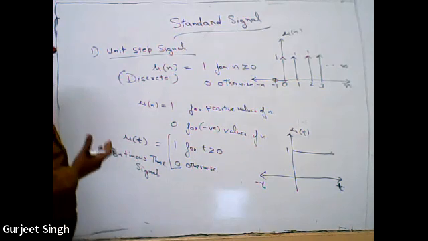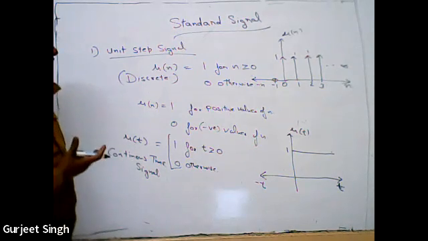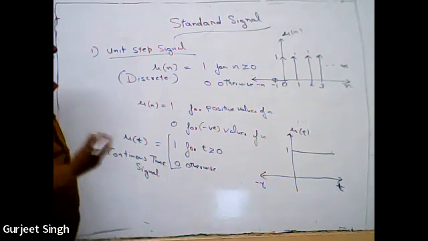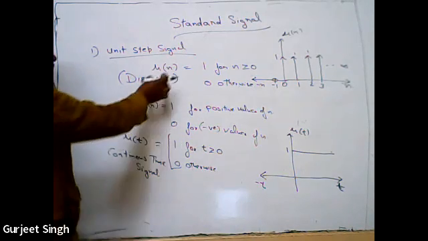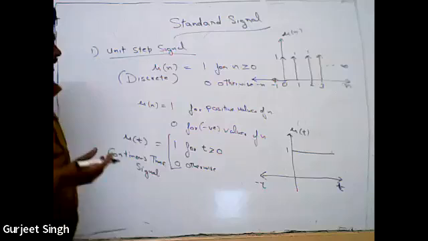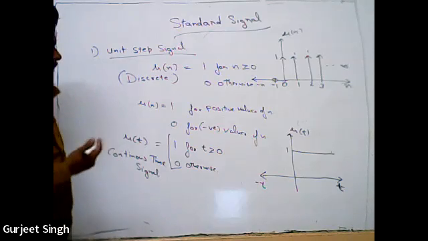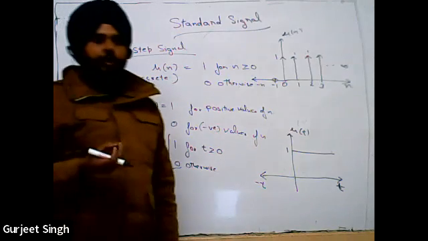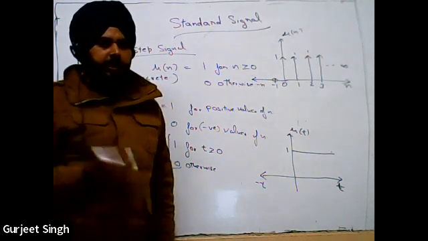This is the mostly used standard signal. In most numericals we use the unit step signal. Like in the previous lecture, we did numericals on the power signal and the energy signal, and in that we also used the same standard signal: find out whether u[n] is a power signal or an energy signal.